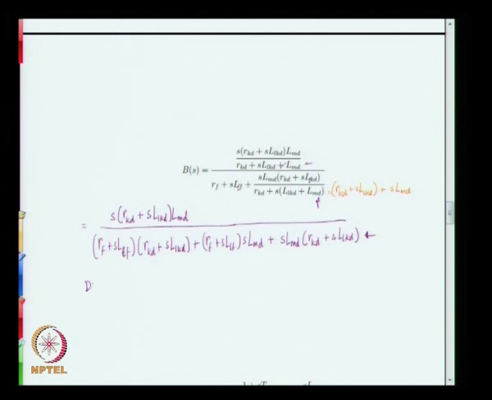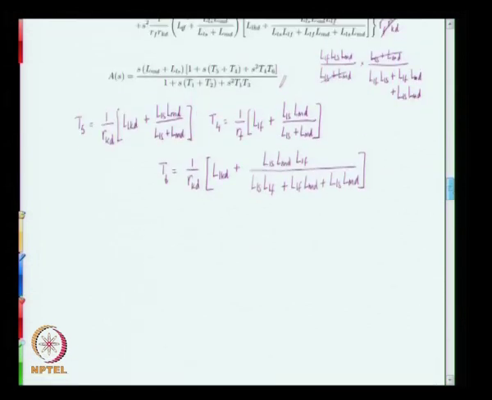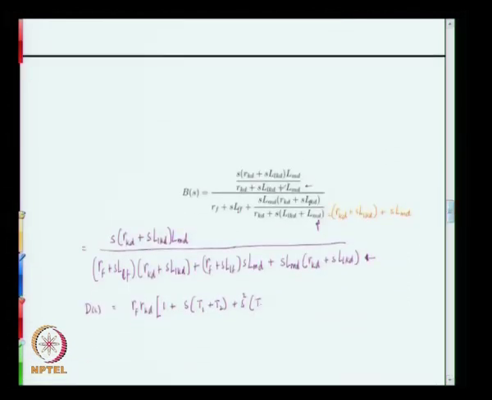The denominator of B of S in this expression simply gives us RF RKD multiplied by 1 plus S into T1 plus T2 plus S square multiplied by this term, that is T1 T3. This is as far as the denominator is concerned.